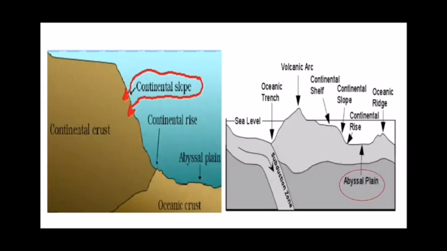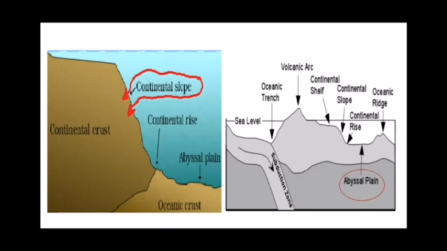The lower boundary of this continental slope is considered to be the boundary of the continent. We have so many continents, so this continental slope is considered to be the boundary of all the continents.